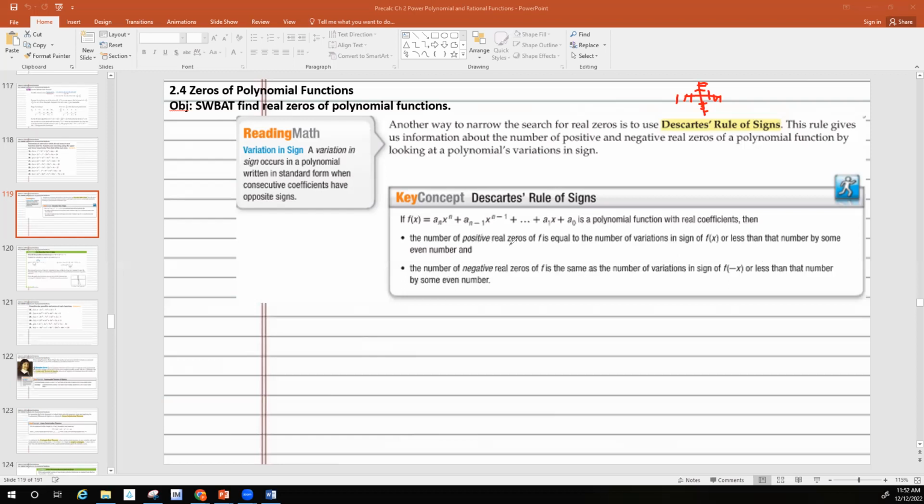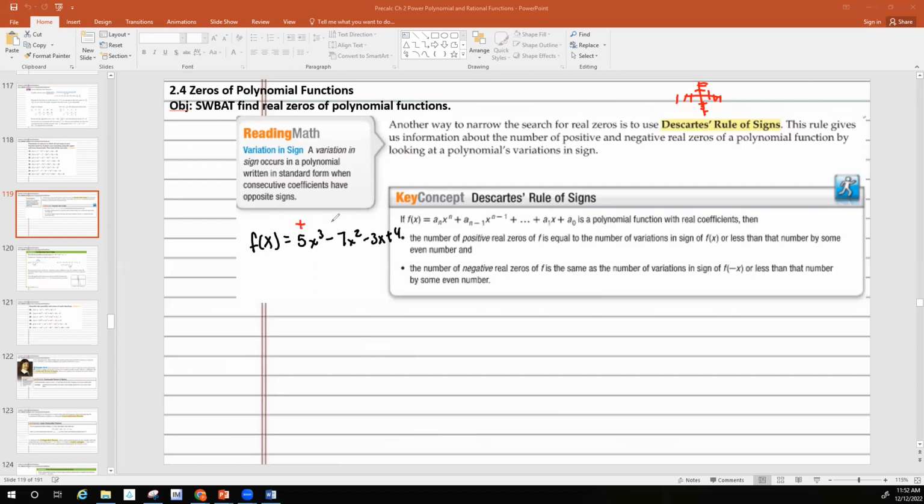So basically we have the number of positive real zeros. You just want to look at the basic function. And then if you have like 5x cubed minus 7x squared minus 3x plus 4, here you just want to look at the different signs and look at the changes.